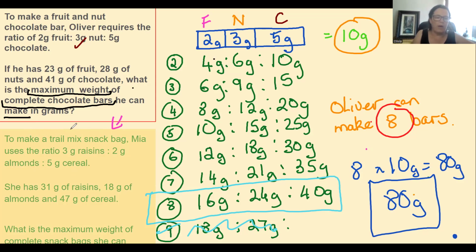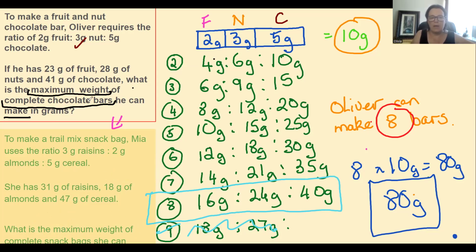To make a trial mixed snack bar, Mia uses the ratio of 3 grams of raisins, 2 grams of almonds, and 5 grams of cereal. She has 31 grams of raisins, 18 grams of almonds, and 47 grams of cereal. What is the maximum weight of complete snack bars she can make?